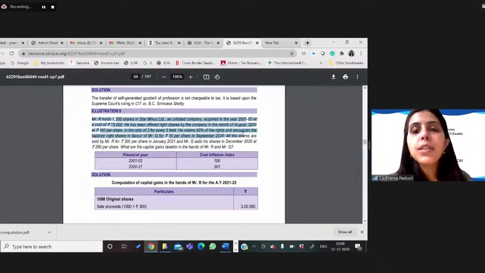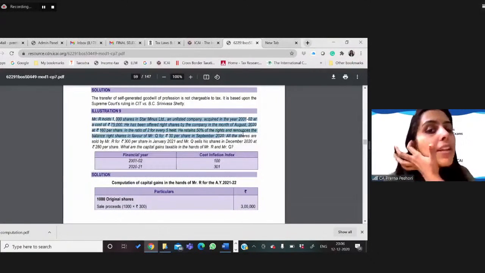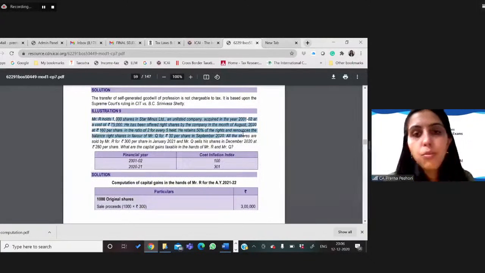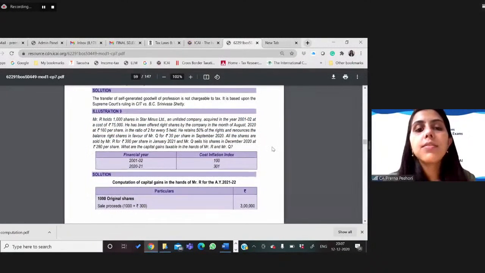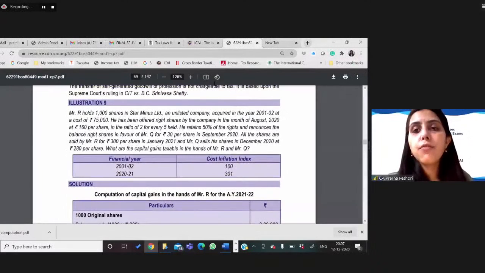He retains 50% of the rights and renounces the balance right share in the favor of Mr. Q. All the shares are sold by Mr. R for rupees 300 and Mr. Q sells his shares in December 2020 at 280 per share. What are the capital gains? So you are required to tell me the answer for this.